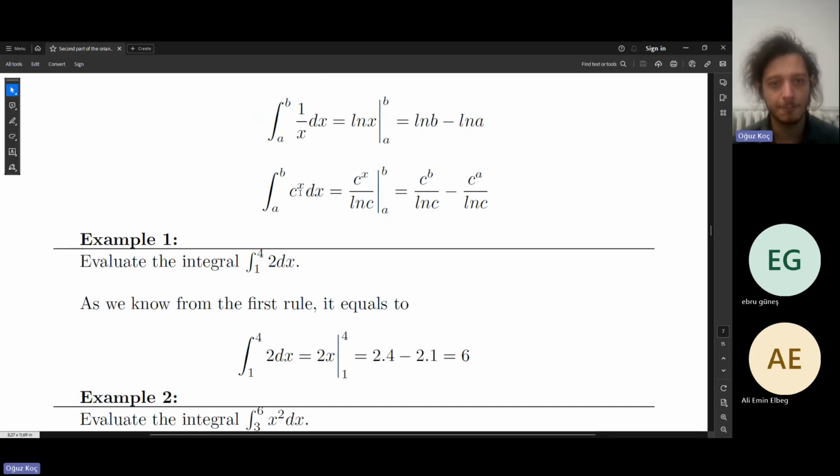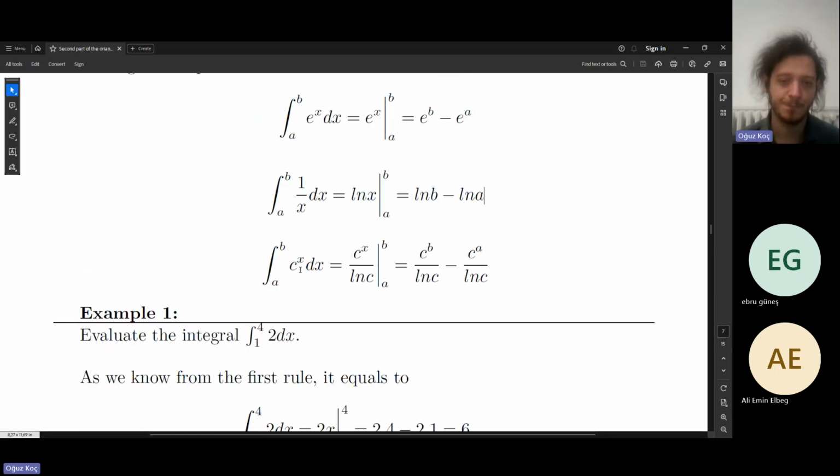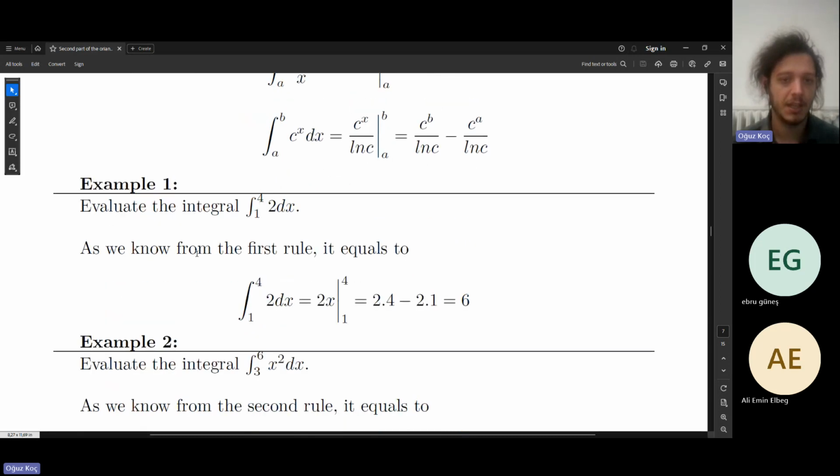And then we have the power of a constant here, which is c to the power x, and it is equal to c to the power x itself, divided by ln c, which is the base of the power function. And when you put those limit points, you get the following equality here.